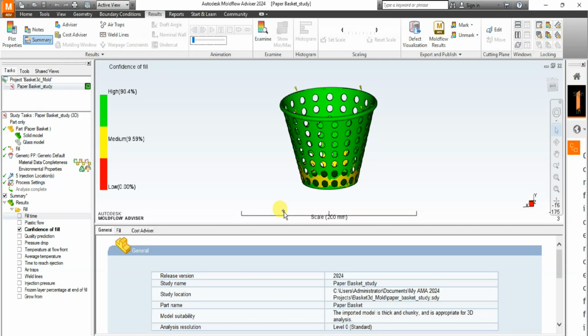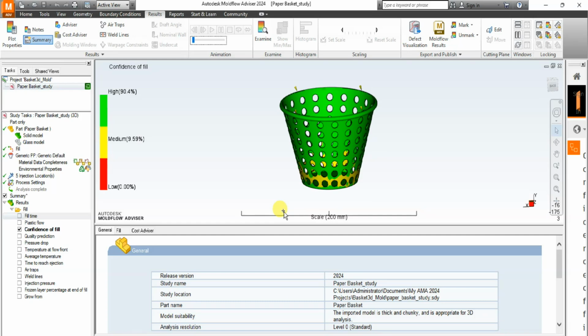Then the confidence of fill is in three forms, like we rightly said. You have the high confidence of fill, which indicates that the area of the part has a high probability of filling with plastic. The medium confidence of fill indicates the area of the part may be difficult to fill with plastic. Then of course you have the low confidence of fill, which indicates the area of the part may be difficult to fill with plastic.